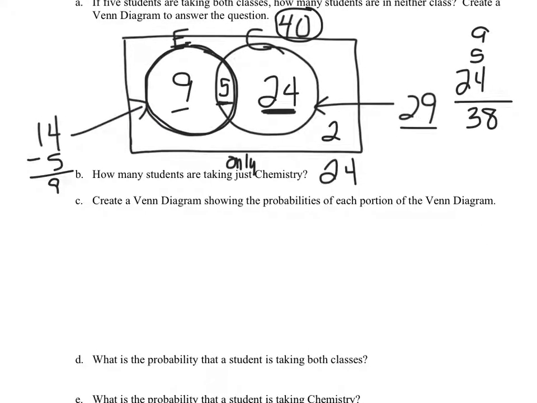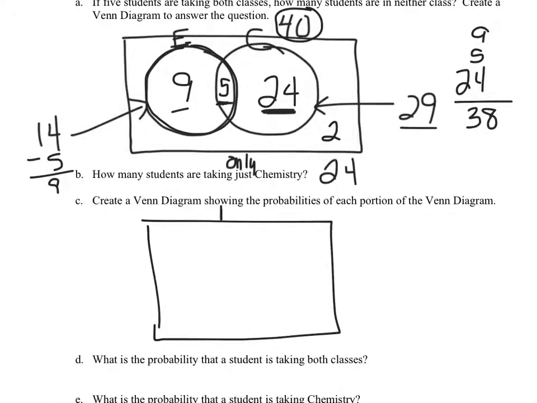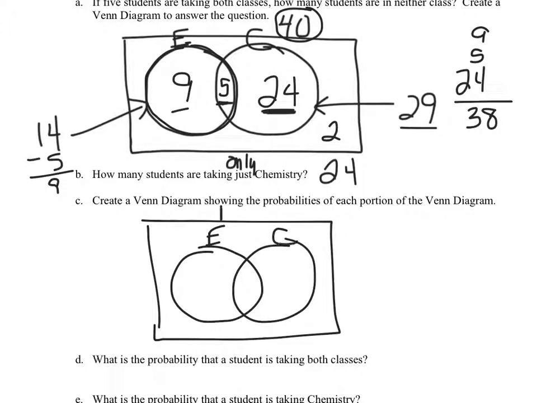So this next one is something that can be done. We want to create a Venn diagram showing the probabilities of each portion. So hopefully you remember the probabilities should all add up to 1. So instead of 40 being there, the probability of anything happening is 1. So we create the same 2 circles, English and chemistry.